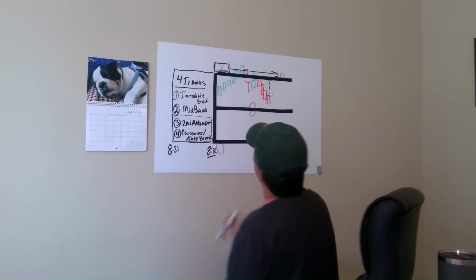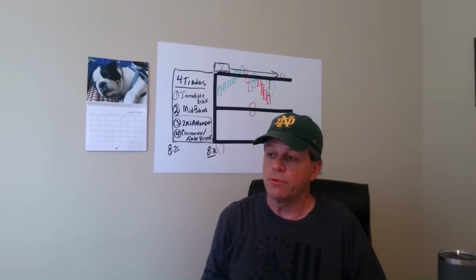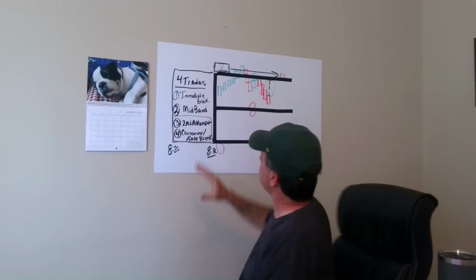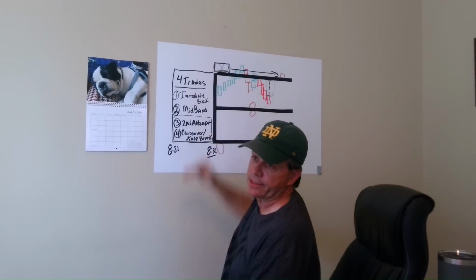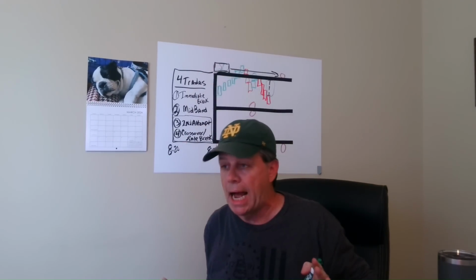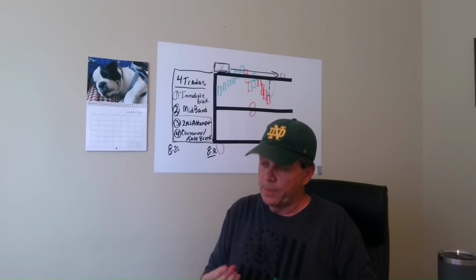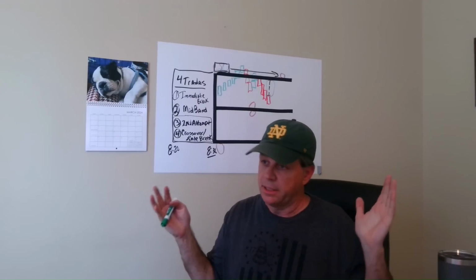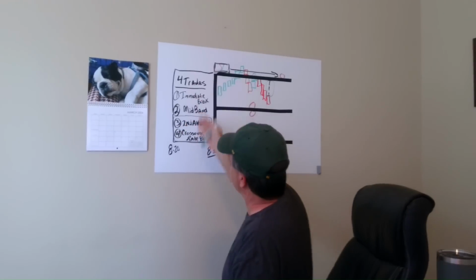Now, the way I created the gaps in the indicator is because the box is a different size every time. You don't know, should it be 5 ticks, 10 ticks, 20 ticks? This box could be really big.